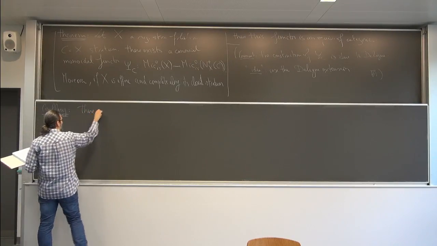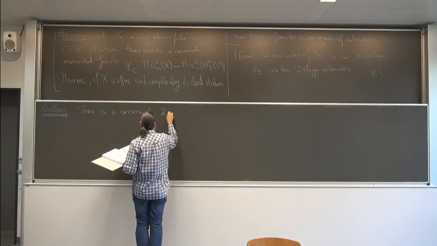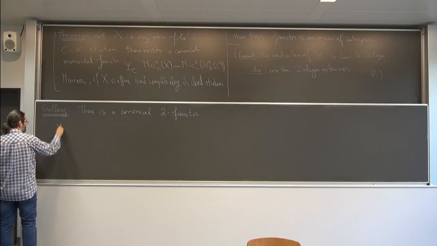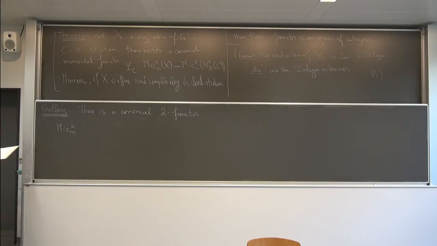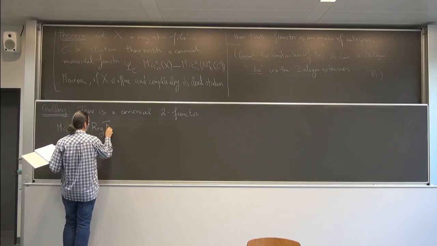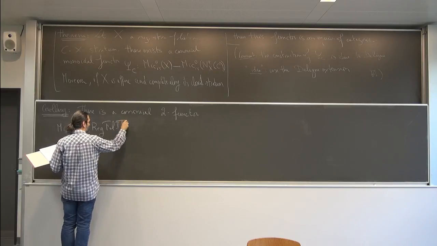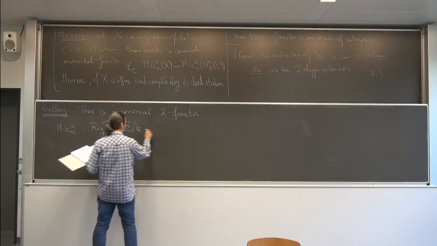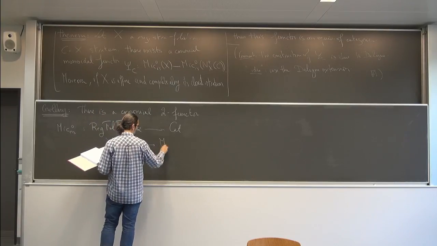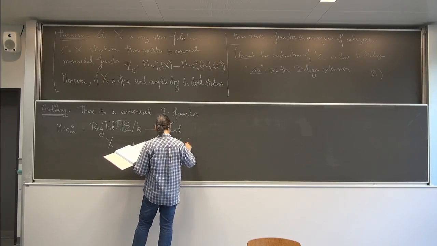So there is a canonical two-functor, which is denoted by MIC or S0, and it goes from the category of regular foliation, stratified, and with tangential morphism over K to the category of categories, and sends X to MIC_0 regular singular X.